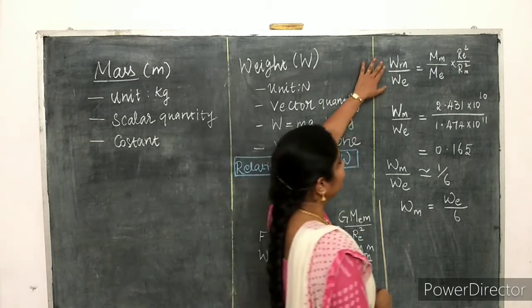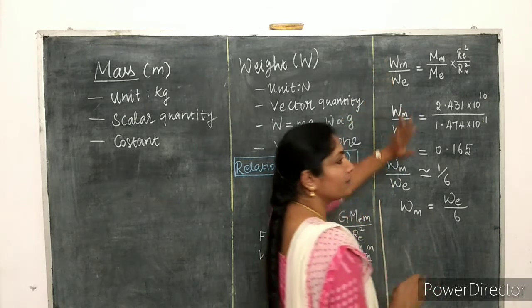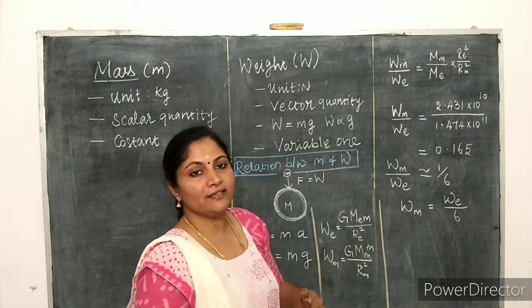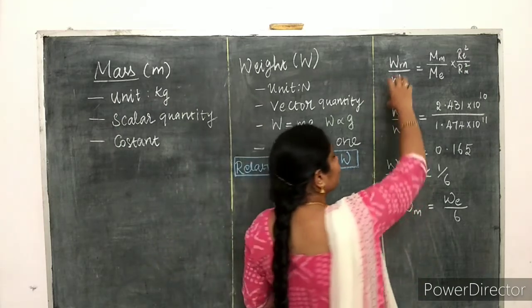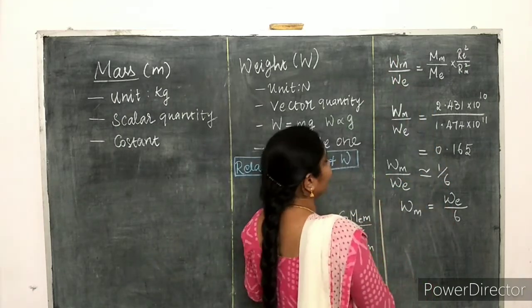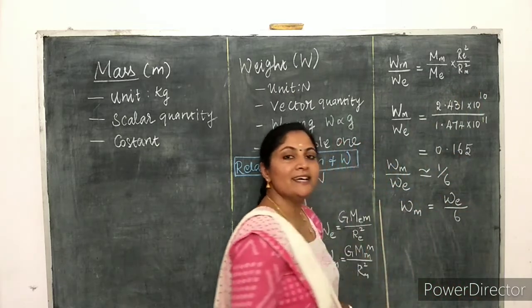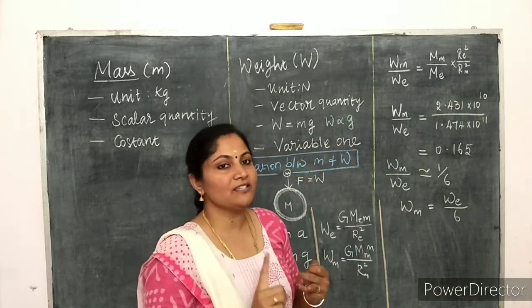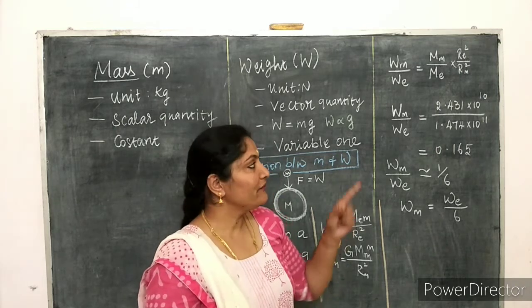Okay, so for the relation between these two, Wm by We, we are going to compare the weight of the object on the earth and on the moon. When we compare, G and small m all cancel and we get an equation like this, with the mass of the earth, mass of the moon, radius of earth and radius of moon, which we know.